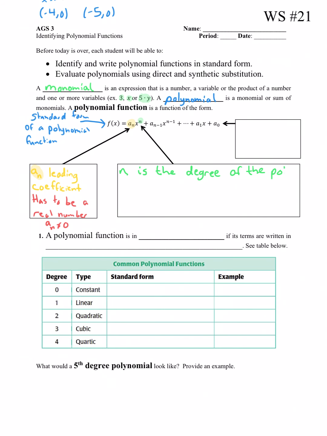So if it's written in standard form, you can always identify the degree of the polynomial pretty quickly. N is the largest positive integer value exponent.